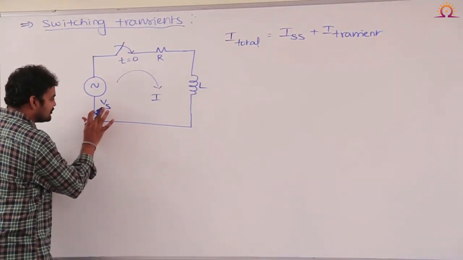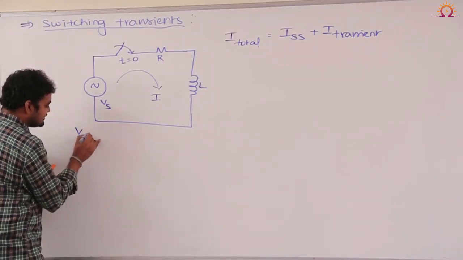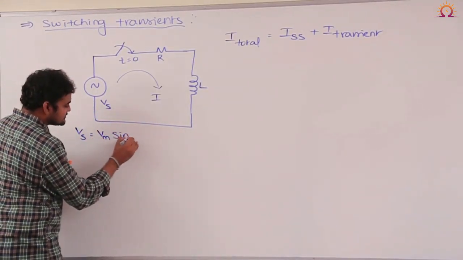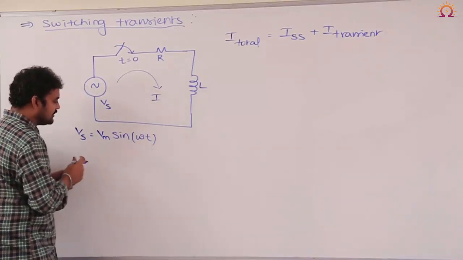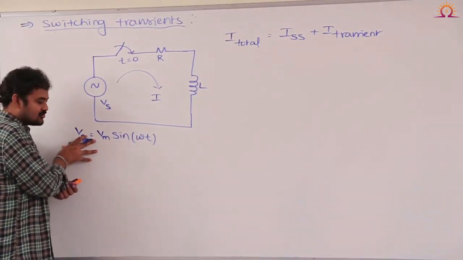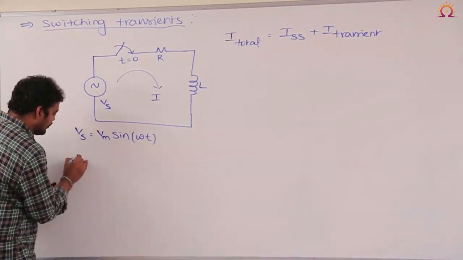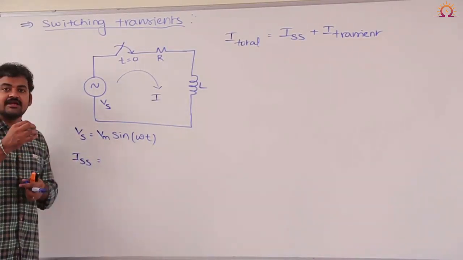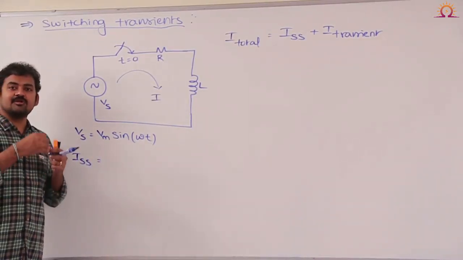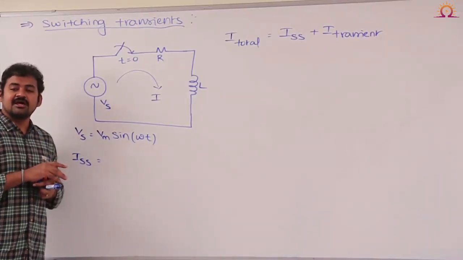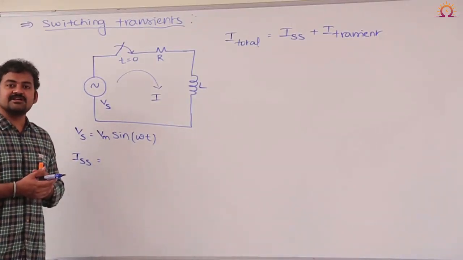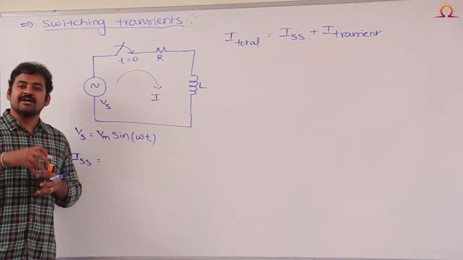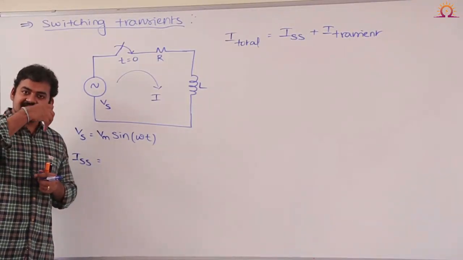Suppose you assume the supply voltage source Vs is sinusoidal, let us say Vm sin omega t. This is the supply voltage value. Therefore, what will be the steady state current component? Steady state means the component which will be available permanently. Whereas a transient component is a temporary component which will die out as time goes on.